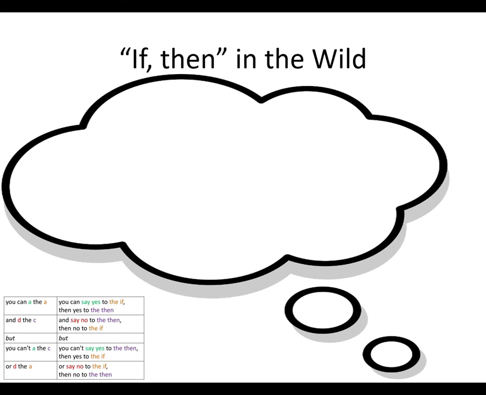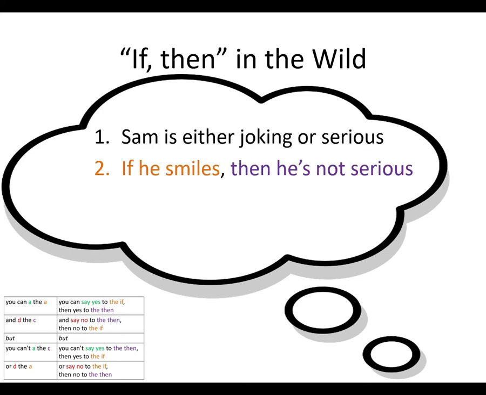Just to throw a stone at you now, consider a compound syllogism, which is just a syllogism that begins with a compound proposition. Like if-then, either-or, both-and. Sam is either joking or serious. This is a disjunctive proposition. If he smiles, then he's not serious. So line 1 shows us we have a disjunctive proposition.